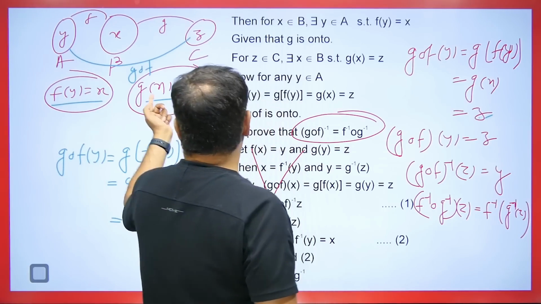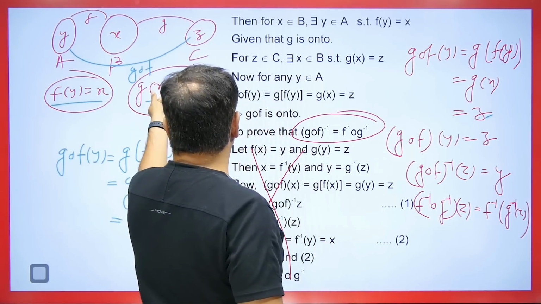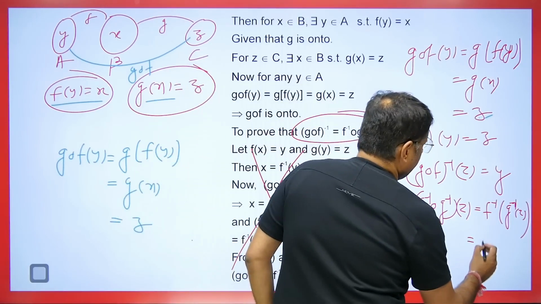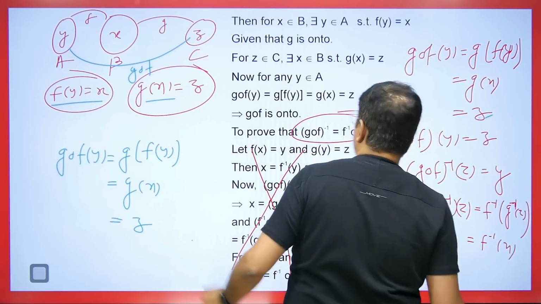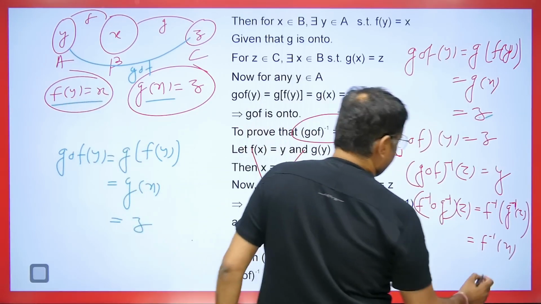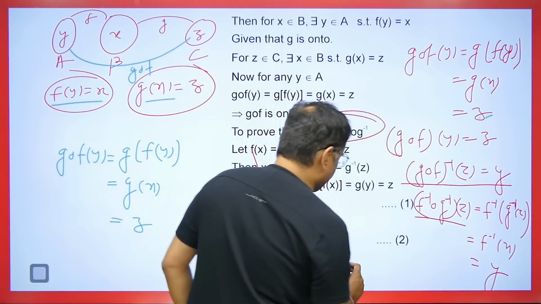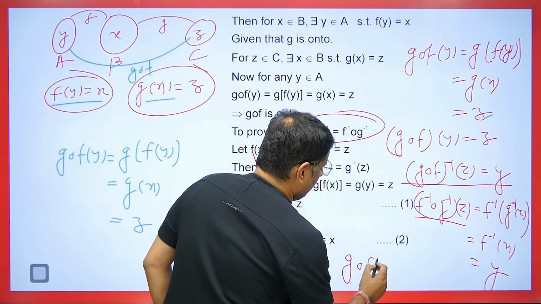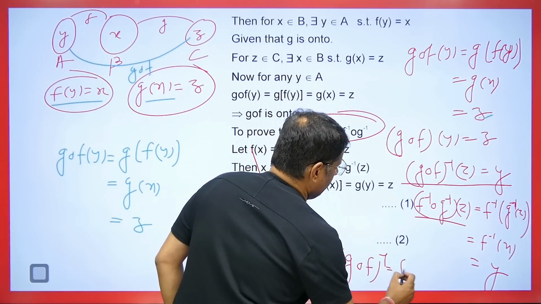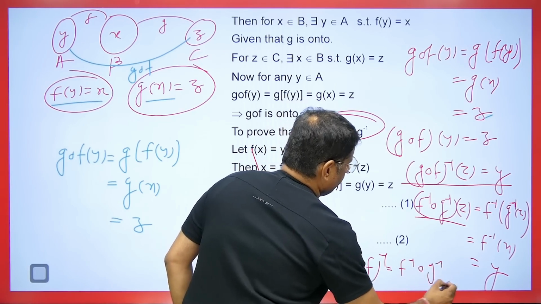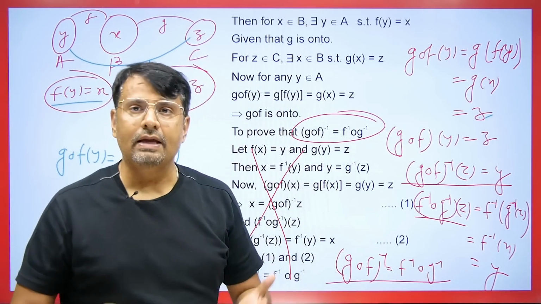And for G inverse z, if G comes to this side, then the value of G inverse z will be x. We will get F inverse x. And if F is brought to this side, then F inverse x will be y. So listen, we have this equal to y and we have this equal to y. What does this mean? It means that GOF inverse will be equal to F inverse O G inverse. So we can easily prove it in this way.